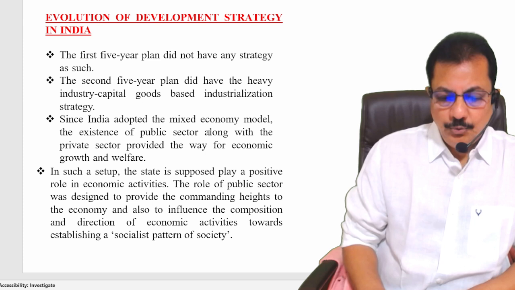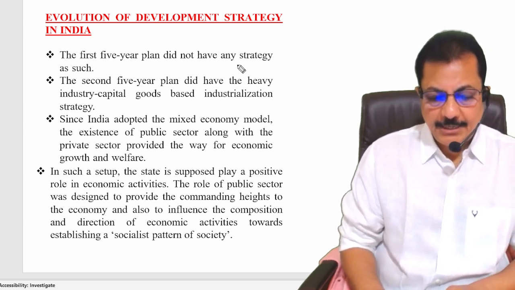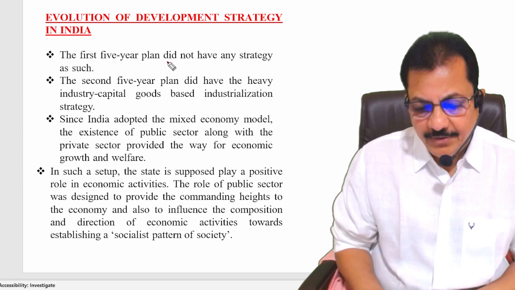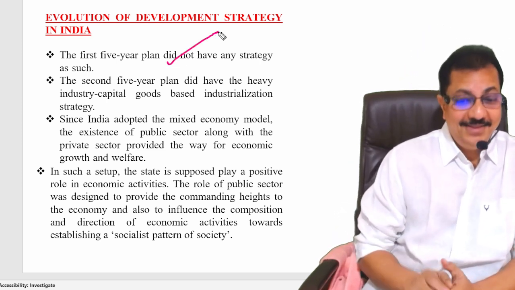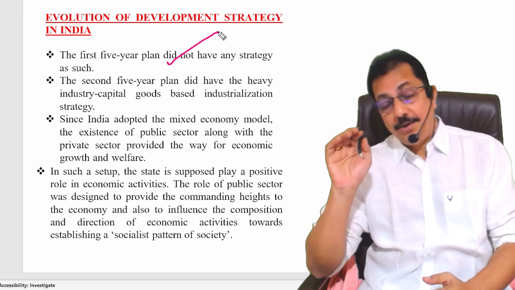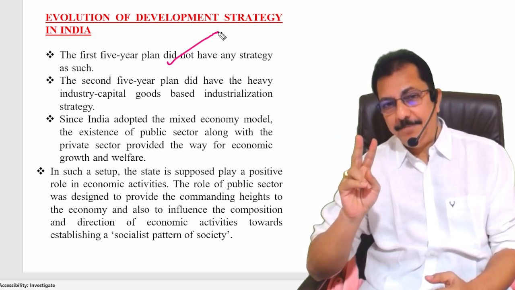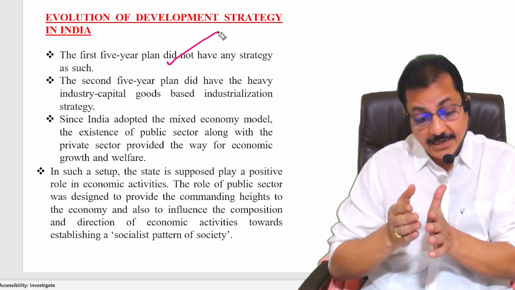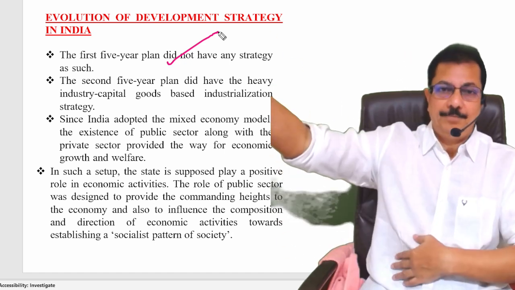Next, when it comes to the evolution of the Indian development strategy, the first 5-year plan did not have any strategy as such. Clear? Just now I told you the concept of strategy came into the picture from the second 5-year plan, and these strategies we started implementing from the second 5-year plan and we are continuing.